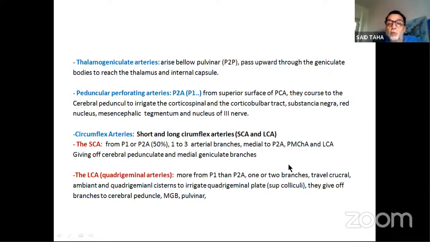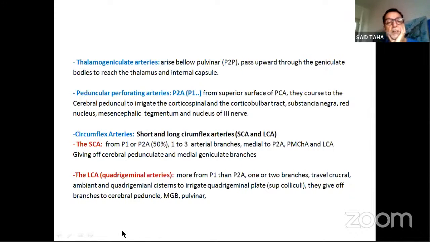They are medial to P2, the proximal portion of the posterior communicating artery, the posterior medial choroidal artery and the lateral choroidal artery, and give off cerebral peduncular and medial geniculate branches.